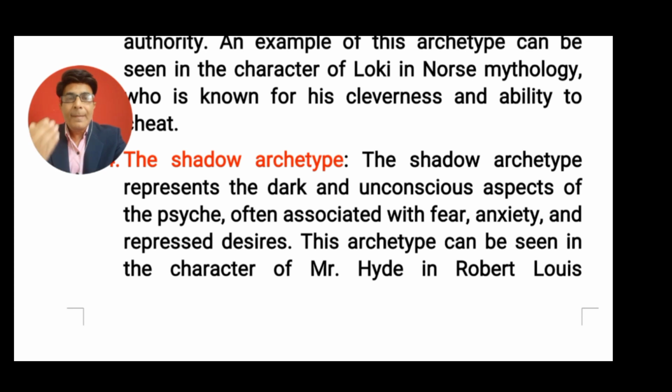In the same manner, there is a fourth archetype that we generally see, the shadow archetype. Okay, the shadow archetype represents the dark or unconscious aspects of the psyche. Often we associate this archetype with fear, anxiety, and suppressed desires.